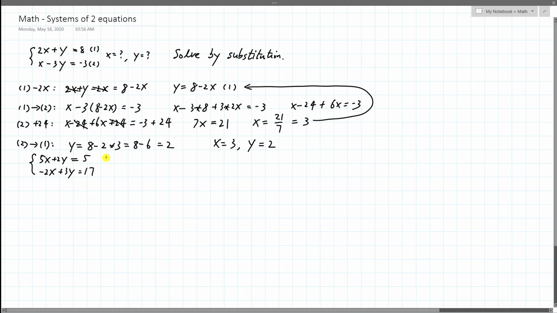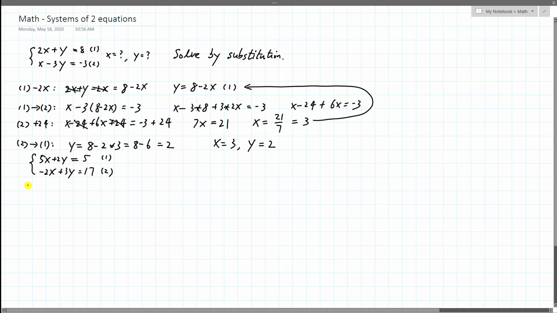Okay, so let's call them equation 1 and 2 again. Alright, so in here I don't really see either equation as more advantageous than the other. I have to divide by 2 in either case to try to extract y or x. So I may as well just start with equation 1.